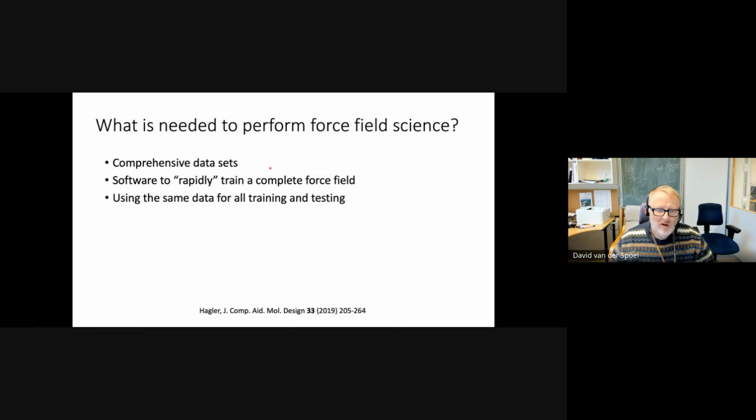So I'm referring here to a review paper by Arne Hagler, who writes in a very nice way about these things. He's actually not so nice to all the people in the field: group A makes a model for proteins and group B makes a model for RNAs, and then they try to combine the things, but of course these things are not compatible because they have different data sets, different training sets, and we cannot match them.